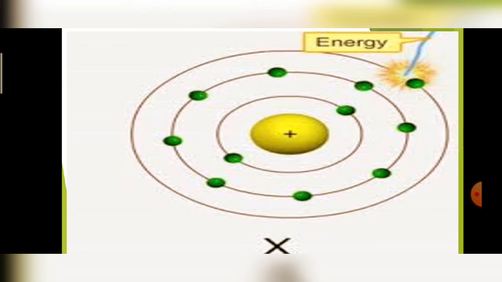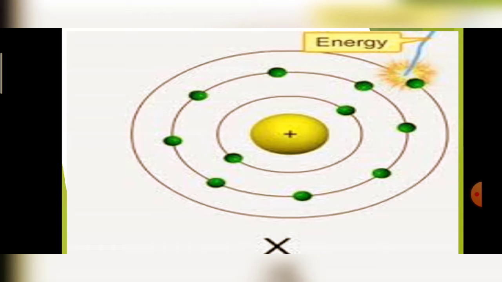Why is it easy to remove the electron from the outer shell? Due to the shielding effect, the effective nuclear charge which reaches the outer shell is less, and outer shell electrons are not tightly bound and not strongly attracted towards the nucleus. That's why it is somewhat easy to remove an electron from the isolated gaseous atom.